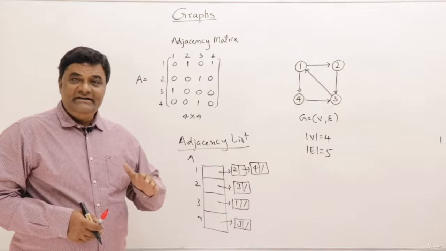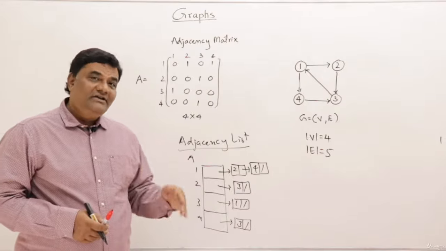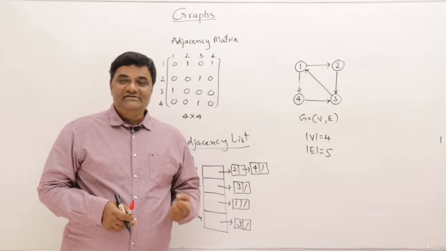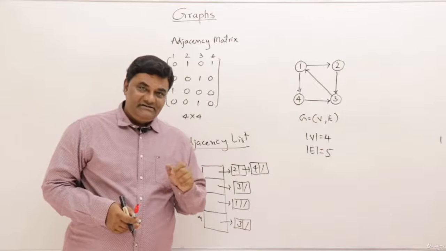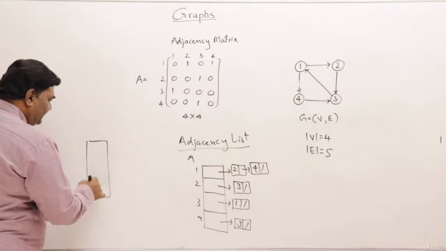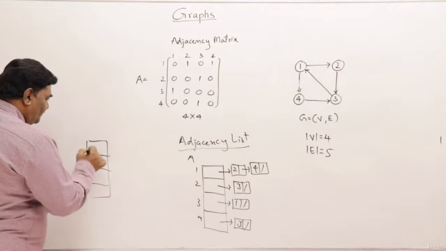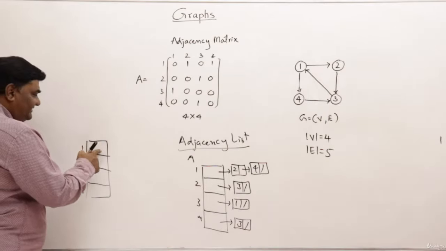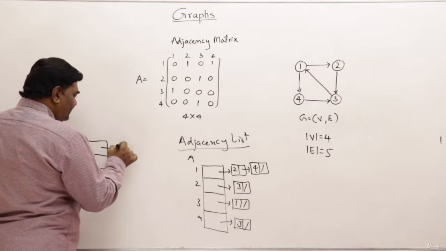Suppose knowing in degree is also important for us, then we can have one more type of adjacency list, that is called inverse adjacency list. So I'll draw it here. For inverse adjacency list, the method is the same. We will take an array of linked lists. Then whatever the edges that are coming in on vertex 1, we will draw them here.